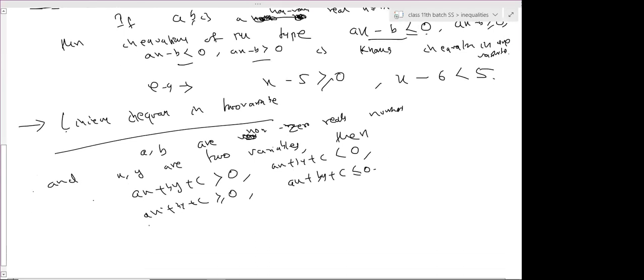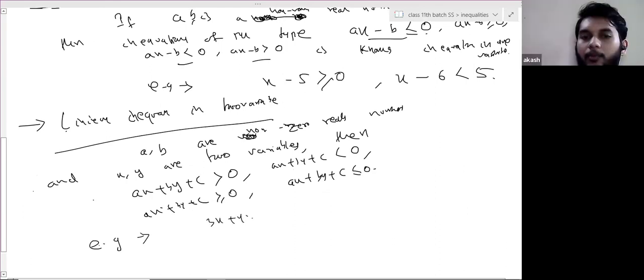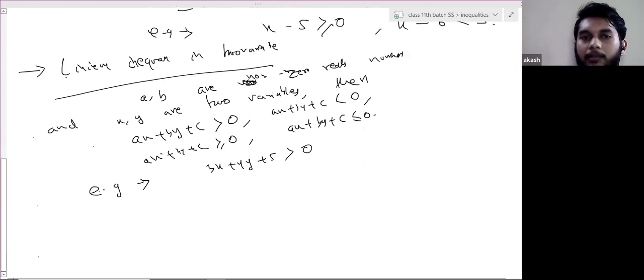Yes. All right. An example is 3x plus 4y plus 5 greater than 0. This will be a linear inequation in two variables. So these are the types of linear inequation. So what is the solution of a linear inequation?